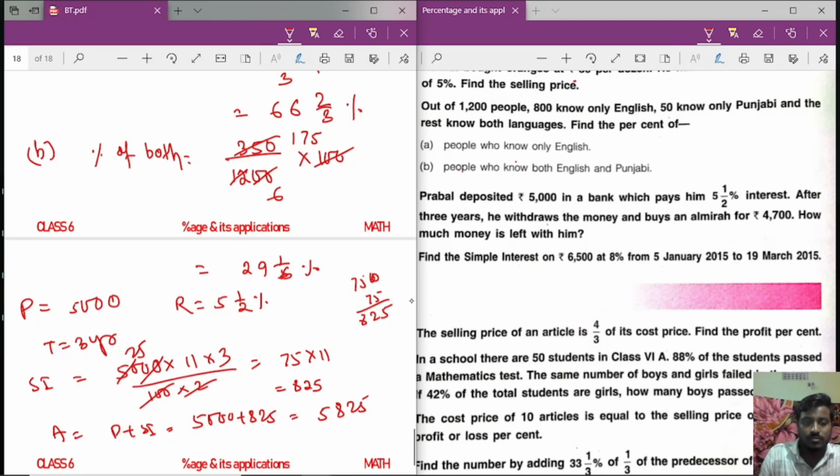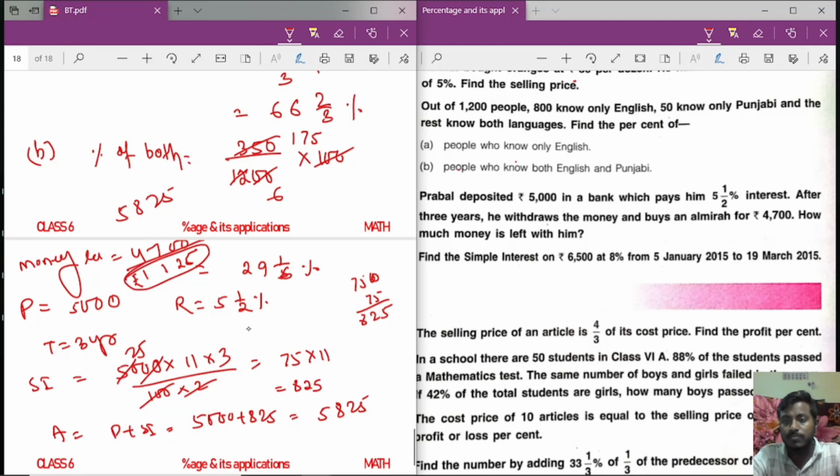How much money is left? The total in the account is 5,825, but he withdrew 4,700. Simply minus. So money left equals 5,825 minus 4,700, so the answer is 1,125 rupees. Clear?